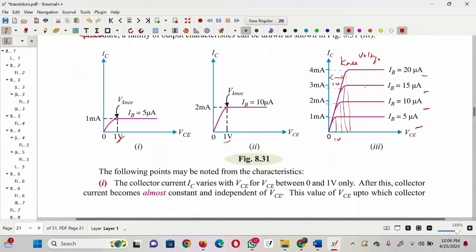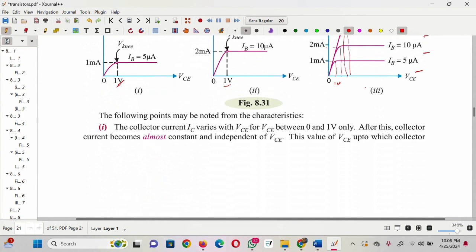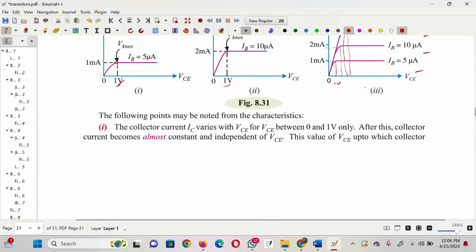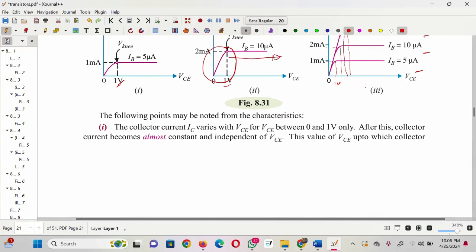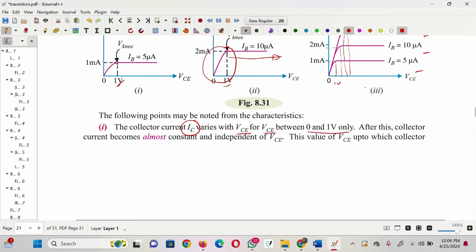In the output characteristics, the collector current is almost independent of VCE beyond a point. The collector current IC varies with VCE only between 0 and 1 volt. After that there is no variation in collector current; it is saturated.